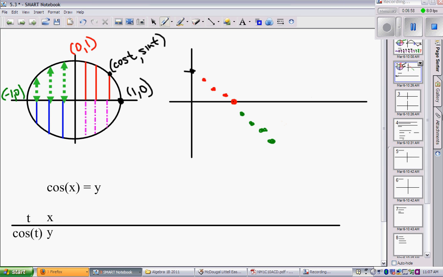Over to quadrant 3, your x values are still negative. More negative for the first one, and then it gets less. So it's kind of reflecting the green points until we hit the 3 pi over 2 point of 0, negative 1. You want the x value, so that is 0.